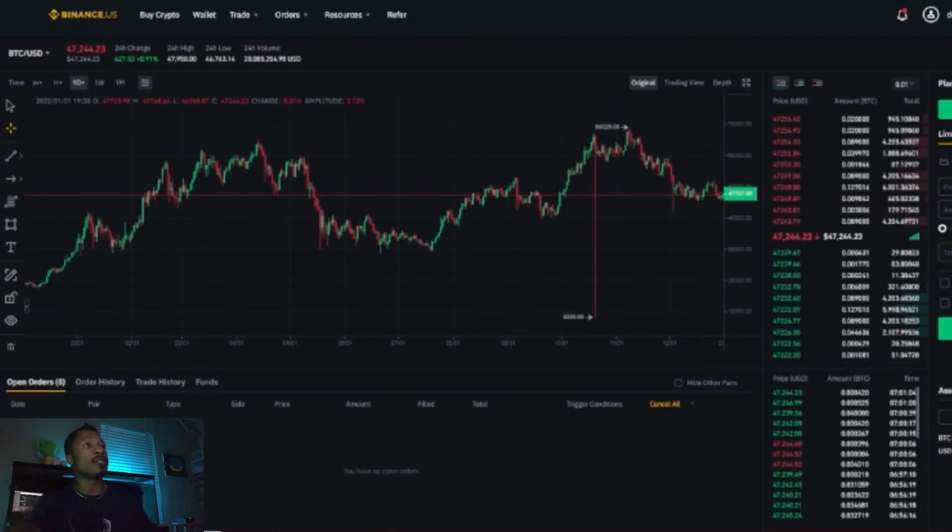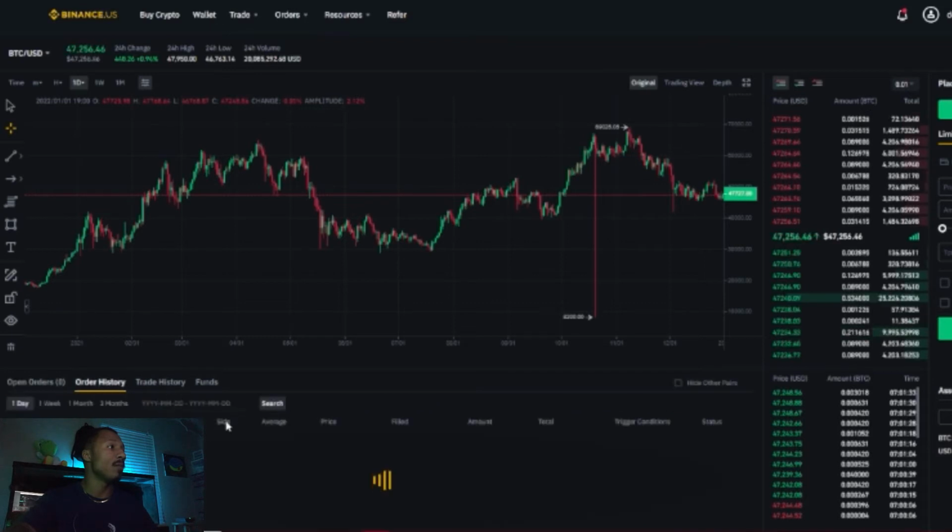Your limit sell would sit in the open order until it got triggered and the price hit the limit, and your sell order got filled. The second your sell order gets filled, it would move from the open order to your order history, meaning that your order was filled, and it would end up in your trade history and whatnot.